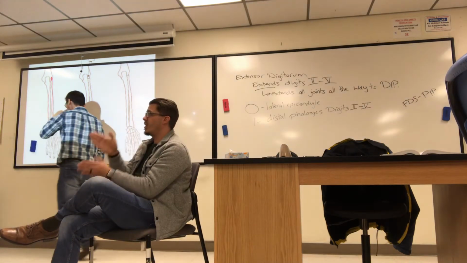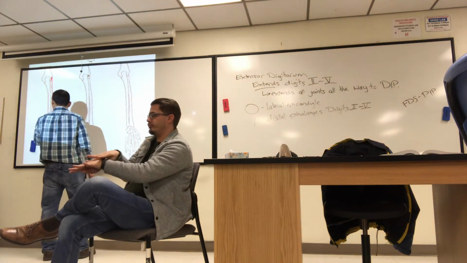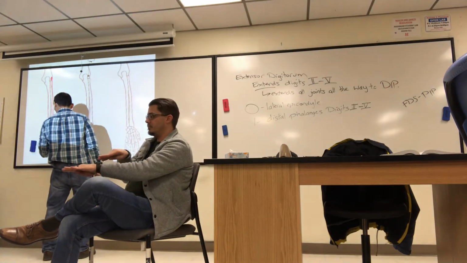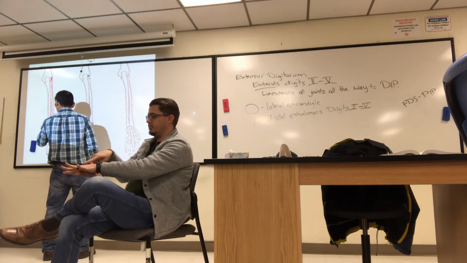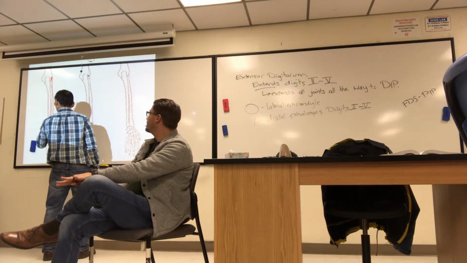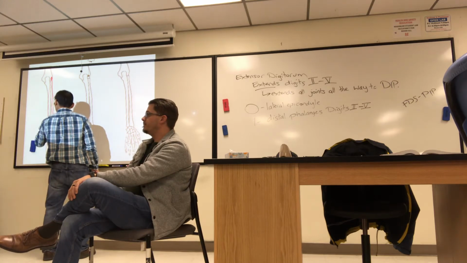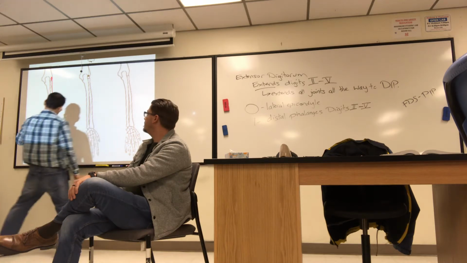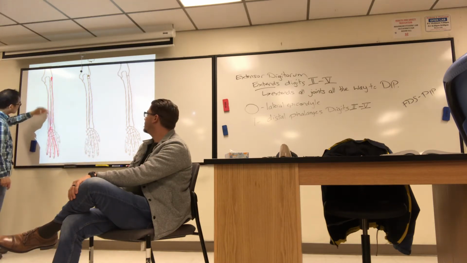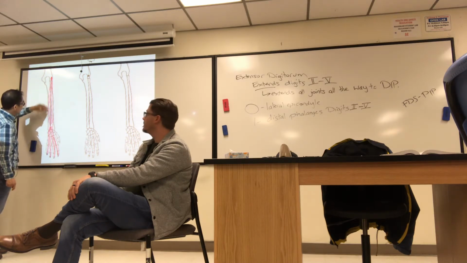When it gets close to the wrist, the tendons kind of flay out, they kind of fan out as they go to each of their digits. So that is the extensor digitorum.